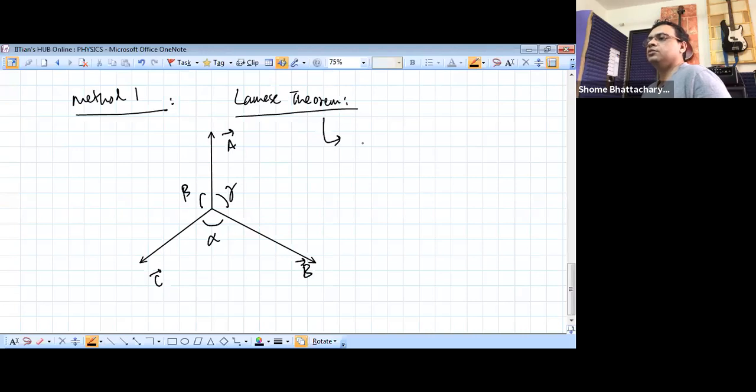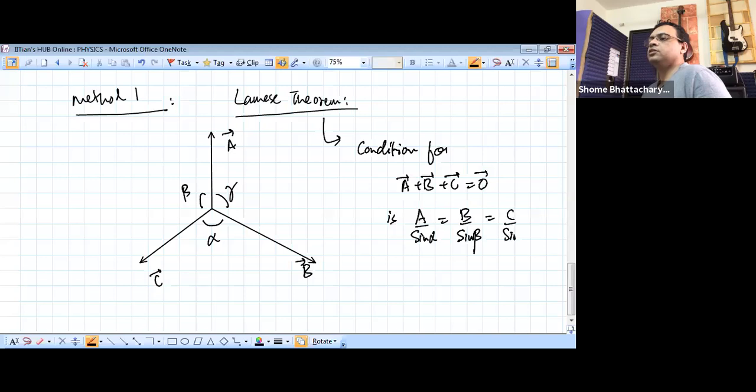Then according to Lami's theorem, the condition for vector A plus vector B plus vector C to be 0 is that magnitude of A upon sine alpha should be equal to magnitude of B upon sine beta, should be equal to magnitude of C upon sine gamma. So this is just Lami's theorem.